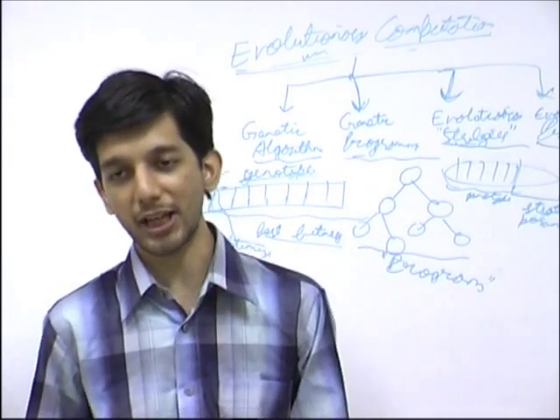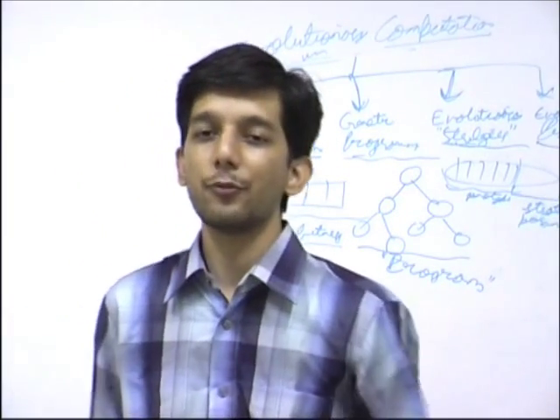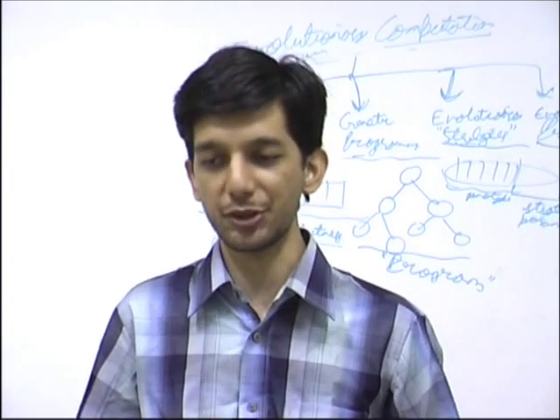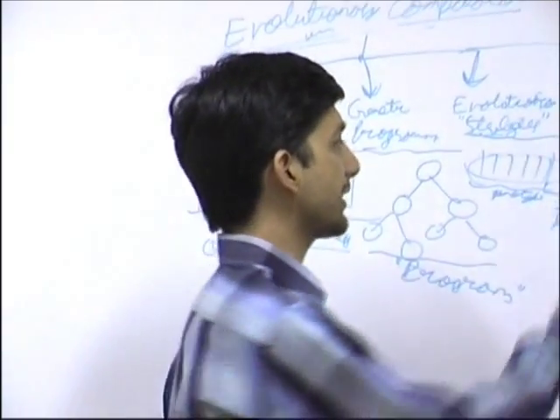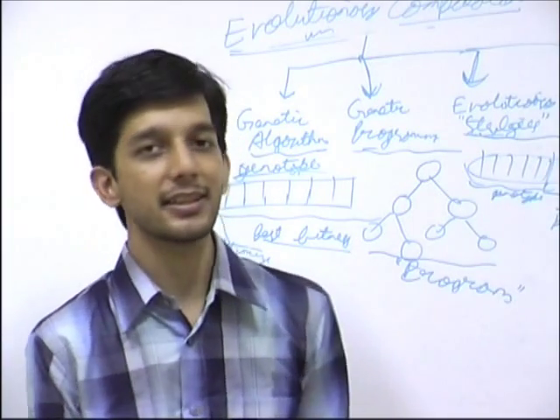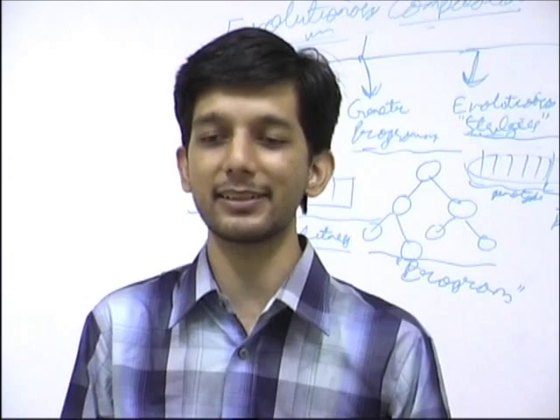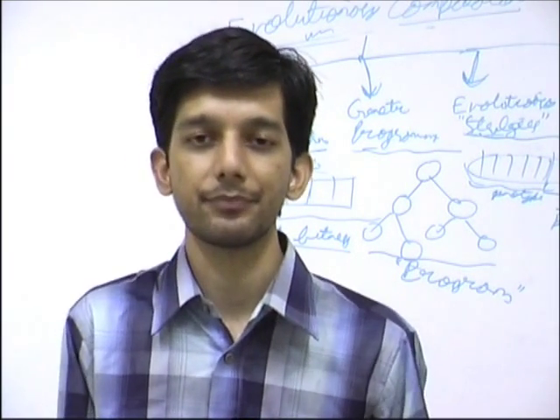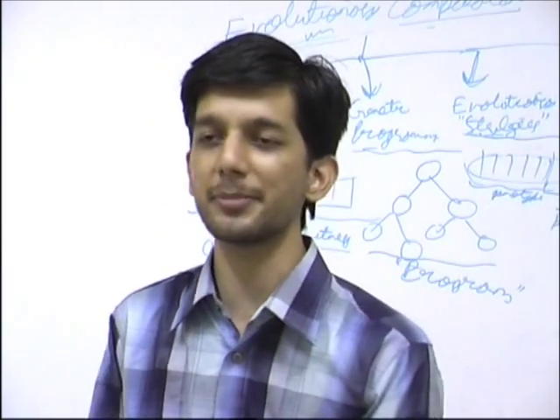By what strategy am I going to optimize my individual? What is the technique that I will use to generate a higher generation population from a lower generation? That information I will club inside this individual itself in the form of the strategy parameters, and as a result the individual itself knows how it needs to work to generate its offspring. So that's again a beautiful class of evolutionary computation algorithm that we have.